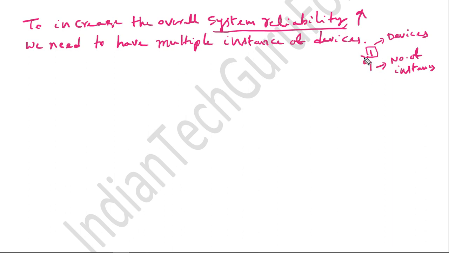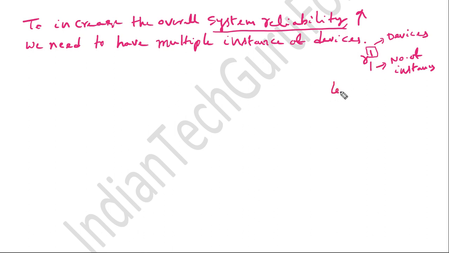Now, R power 1 suffix 1 represents that there is a single instance of device D1 whose reliability is R power 1 suffix 1.